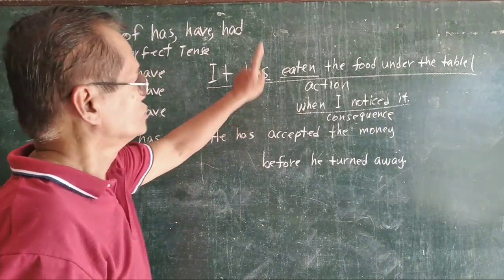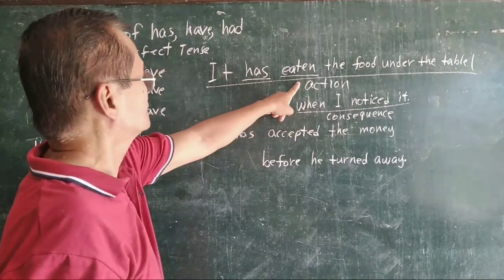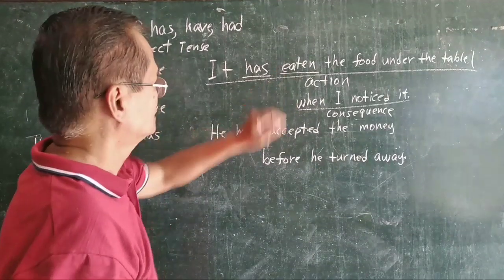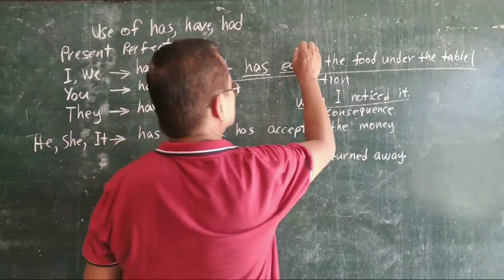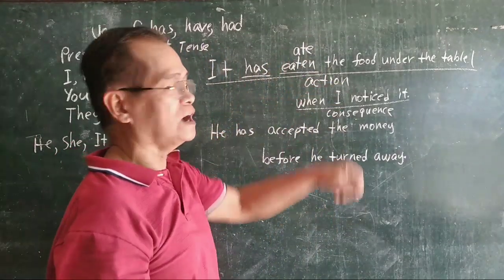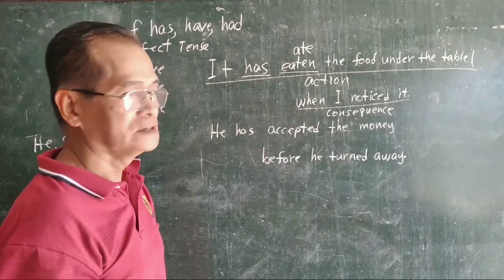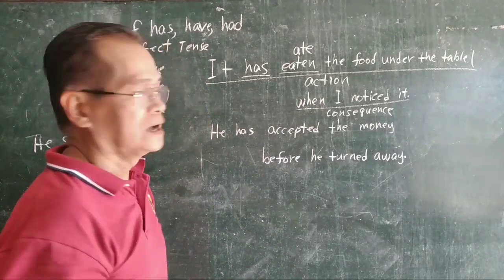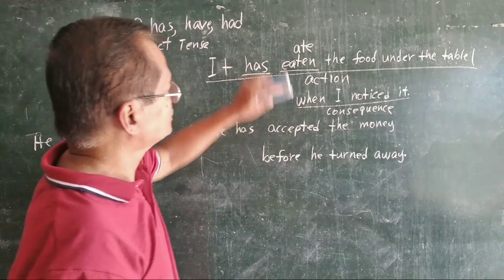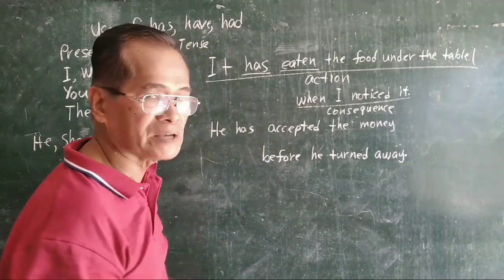Now again, do not use past tense and the past perfect tense. Because if you are going to use past tense, it's going to be like that. It has ate the food under the table. It doesn't sound correct. So, the verb to be used should be past participle, not past tense.